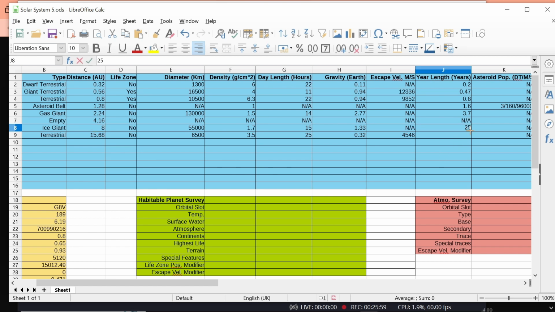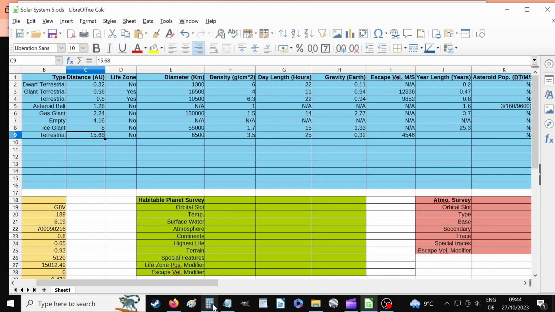Takes 25.3 years to go around our sun. That seems like a big gap from this one, but if we'd calculated empty space, it would be somewhere in between. And they take big jumps as you get further away.